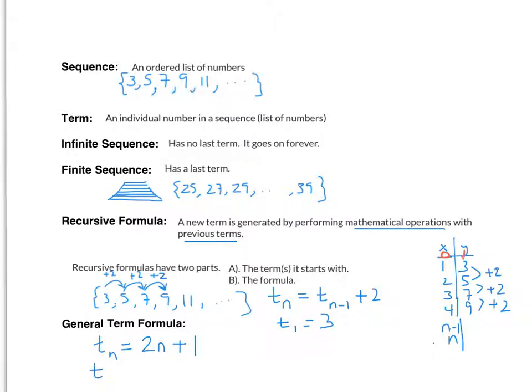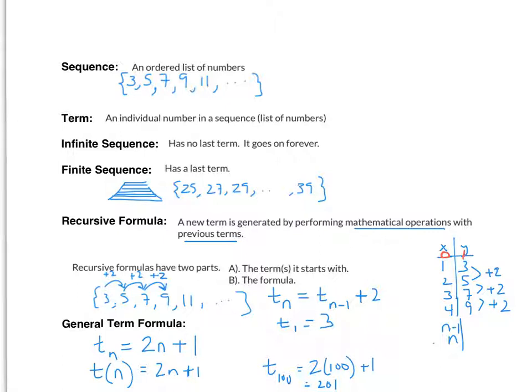Now, sometimes you'll see this written in function notation, which will be t of n equals 2n plus 1. So I could get the 100th term very quickly by just doing t of 100 equals 2 times 100 plus 1, and that will give me a value of 201. So my 100th term in this sequence would be 201.